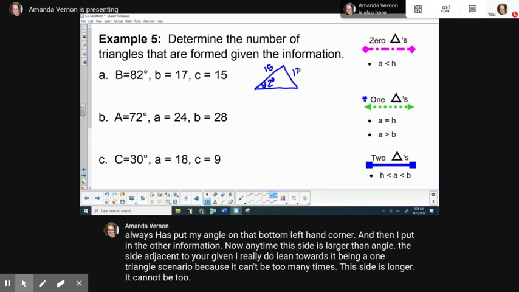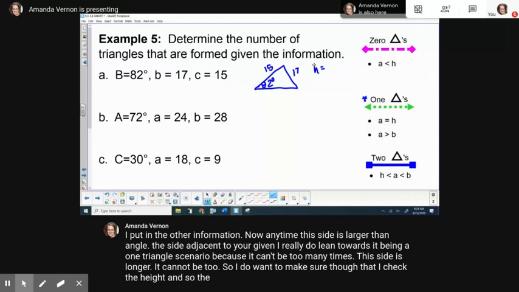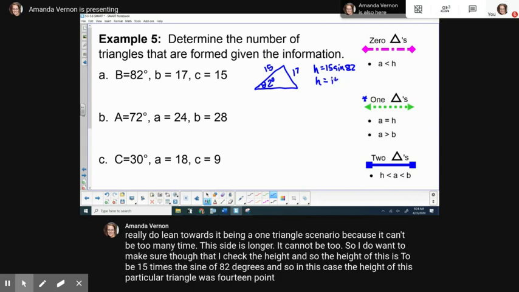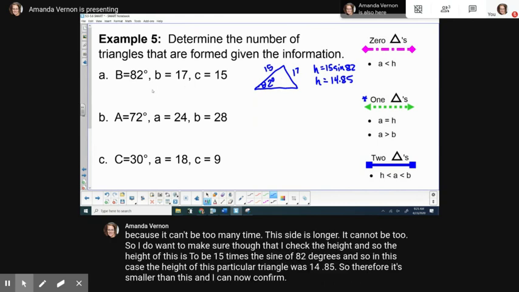So I do want to make sure though that I check the height. And so the height of this is going to be 15 times the sine of 82 degrees. And so in this case, the height of this particular triangle was 14.85. So therefore it's smaller than this, and I can now confirm that this is a one triangle scenario.